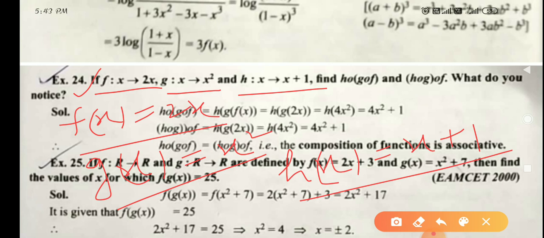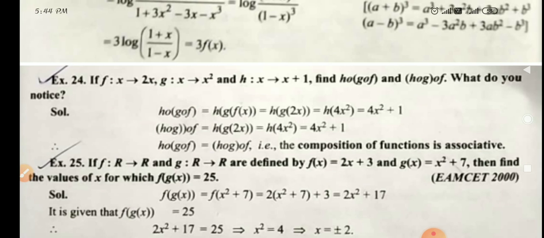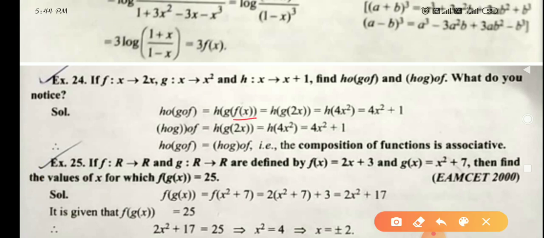What do you notice? That is the second part. First, h of g of f means h of g of f(x). So first inside function f(x) you put this value. It is 2x. f(x) equals 2x, it is given. Now in function g, in place of x you put 2x.